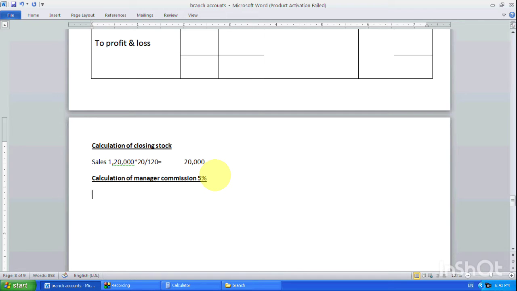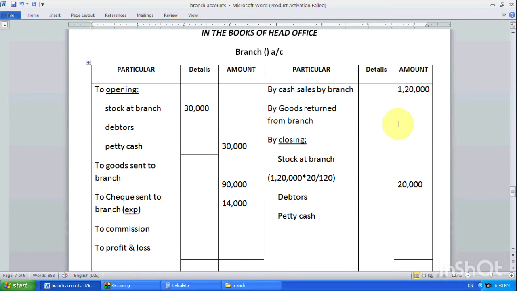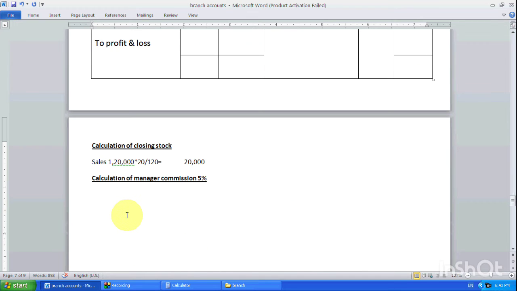So how can we calculate? Add all credit less debit, meaning add all income minus expenses, whatever the amount we get, on that amount we have to take 5% commission.